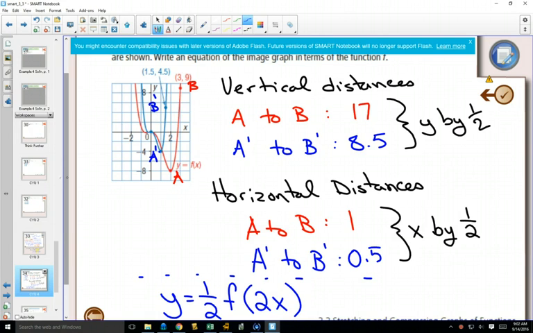And then once we find out what has happened to the x and y coordinates, then we can go and write out the equation. Later on, you'll get ones where the x and y have been multiplied by something and there's been translations involved. So those will be even more complicated to try and figure out the equation.